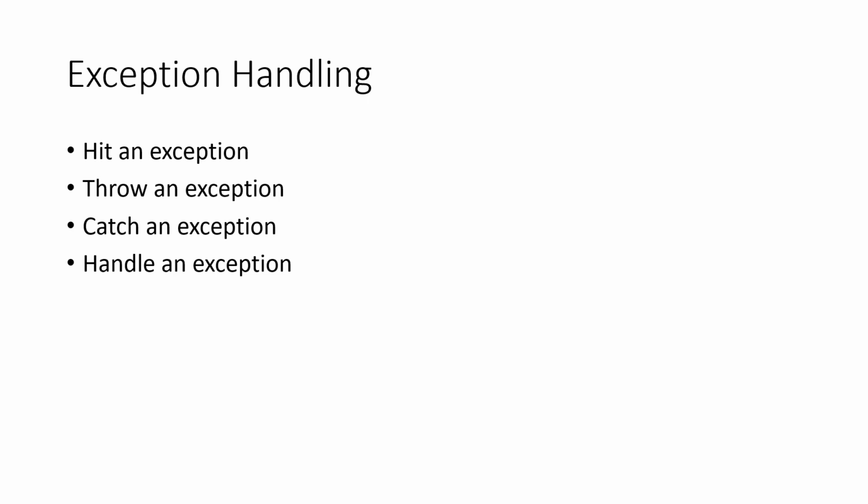So we always need a good mechanism to handle these kinds of exceptions. Otherwise, the program will get terminated abruptly. So we use a separate mechanism for handling exceptions, called the exception handling mechanism, which involves four important tasks.